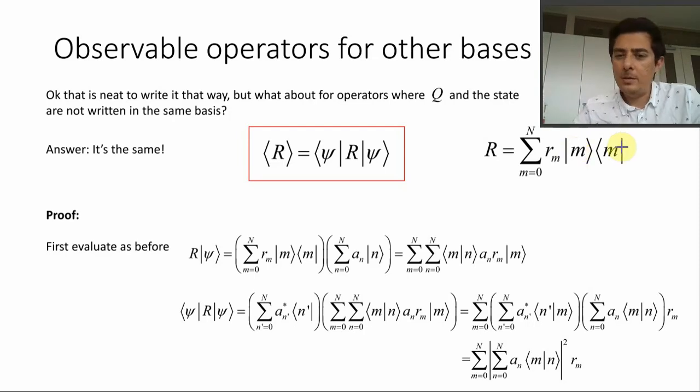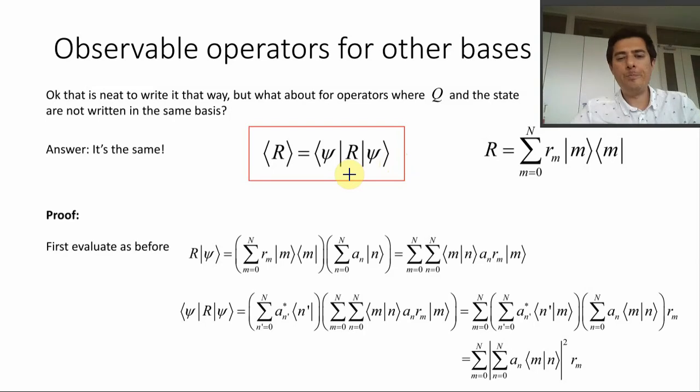What happens in that case? Well, the answer is basically exactly the same. We don't have to change anything. Our formula still works. If we want to calculate the average of R, then all we do is sandwich this state with R, despite the fact that they're not in the same basis, and we can just keep the same formula.